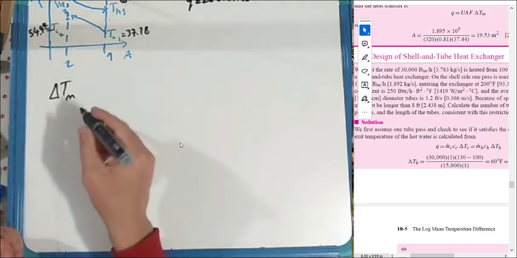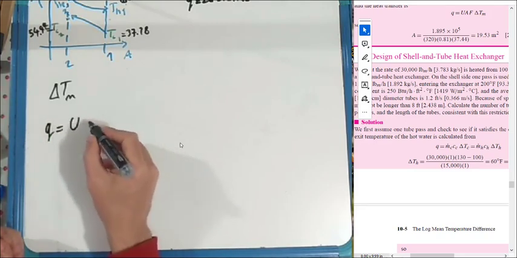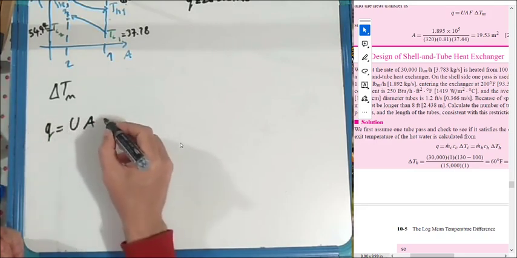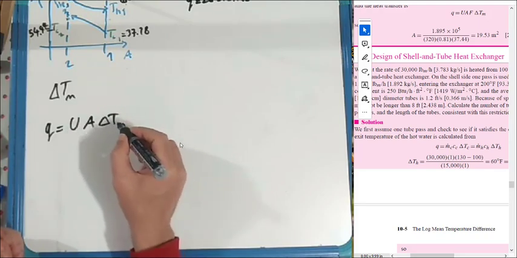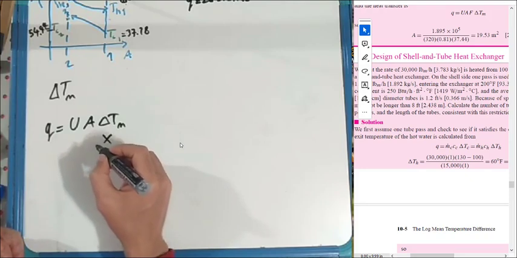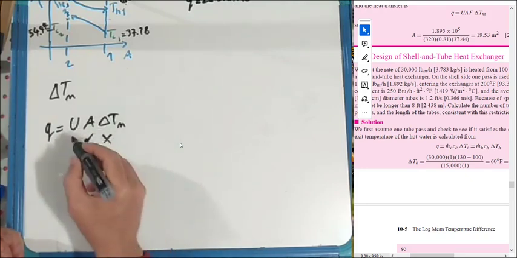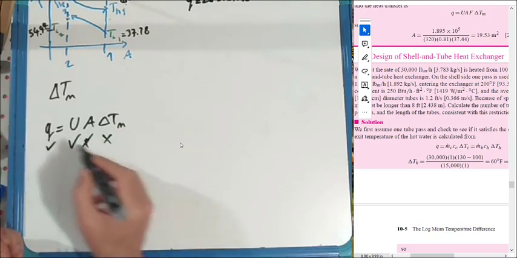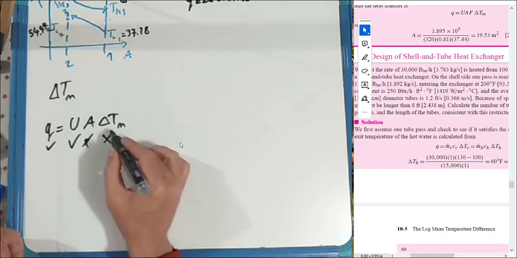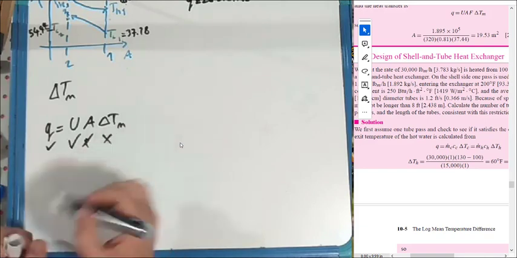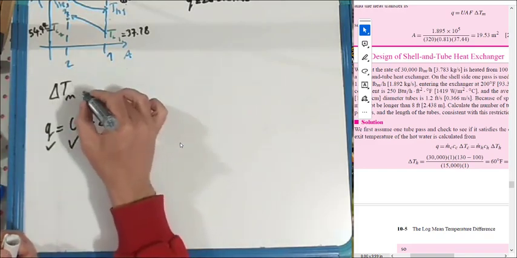Because I need to evaluate Q equals U overall transfer A delta Tm. I don't have it, and I have just this one and this one, so I should find the value of this parameter. I should evaluate that.